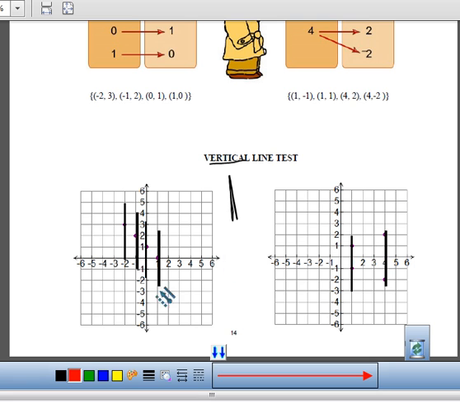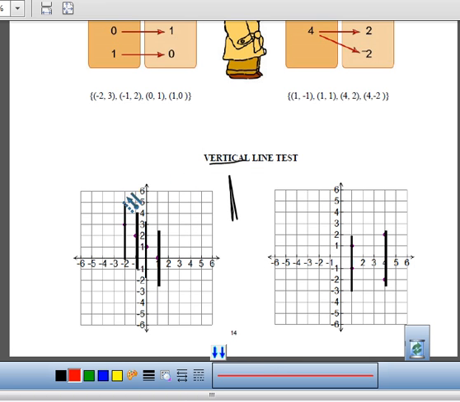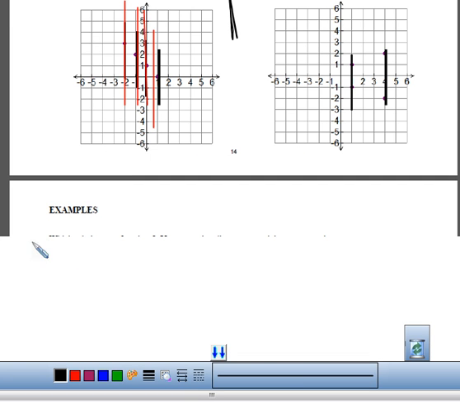All you do, and you can see in our example here, is you draw vertical lines through all the points that you see on the graph. And if the vertical lines touch more than one point, it is not a function. So if I'm looking at this first example here, this is a function.